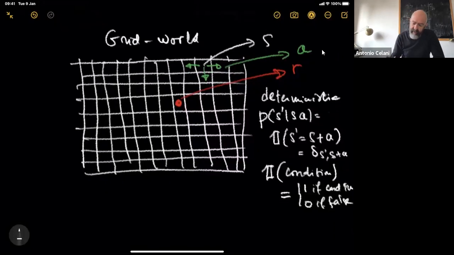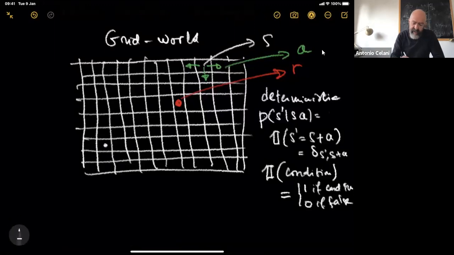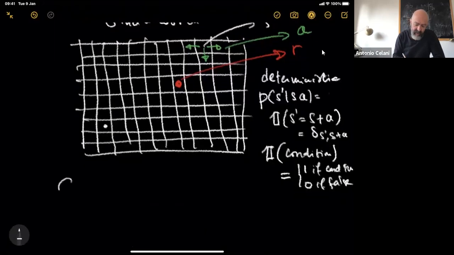So, given that there is a single reward, this is a situation in which we can basically solve the decision problem just immediately. What's the solution? Well, suppose you start from a certain state here, any point on this matrix. So what is the best outcome for your problem? Remember that our goal is to find the best expected discounted sum of rewards.